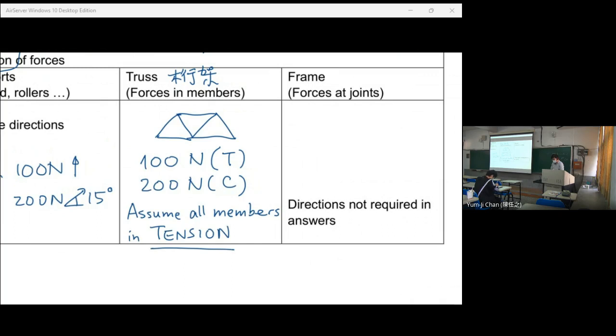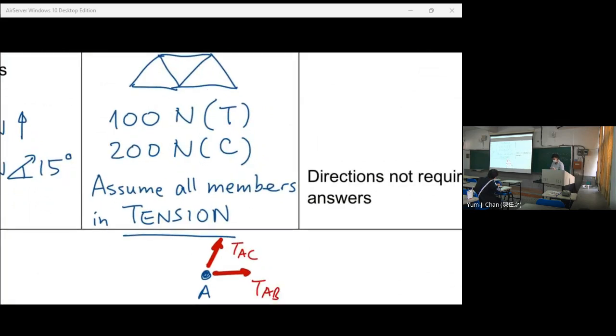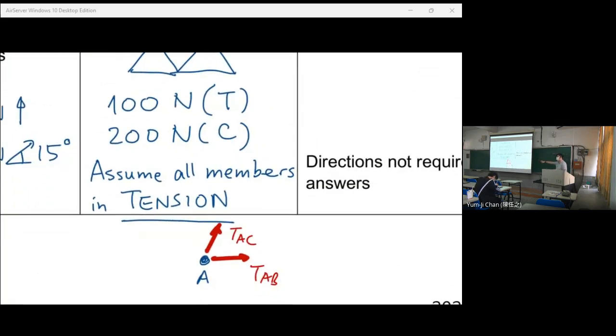So for a particular joint, for example joint A, all forces are going out, and we write T_AB, T_AC, and so on. You need to remember this in your examination.